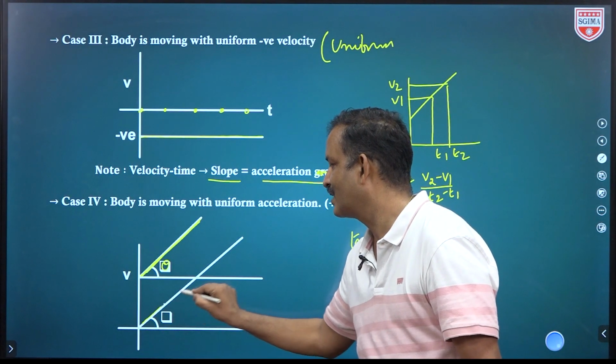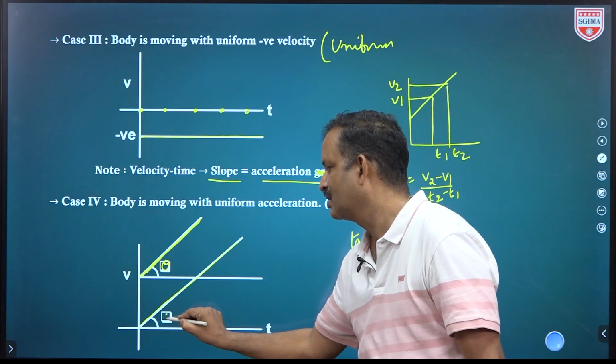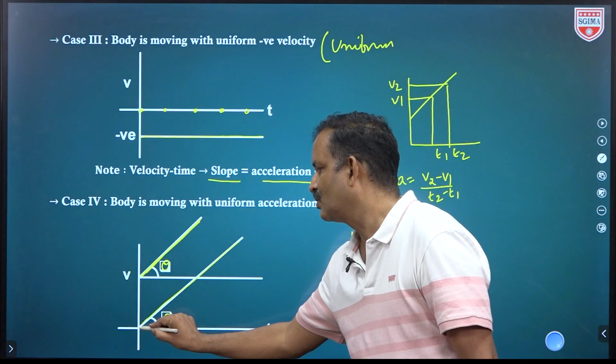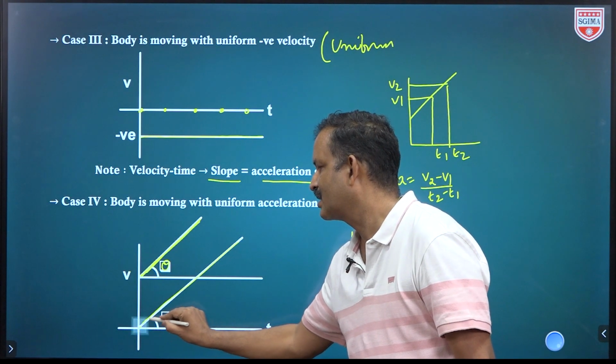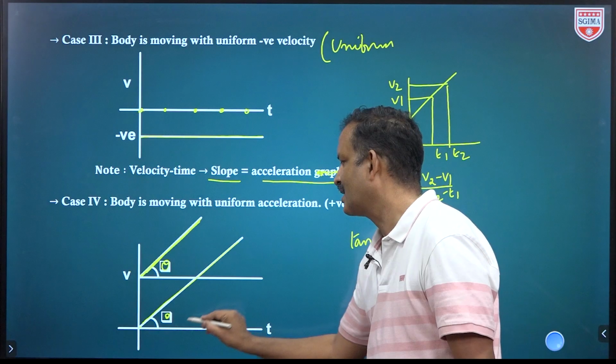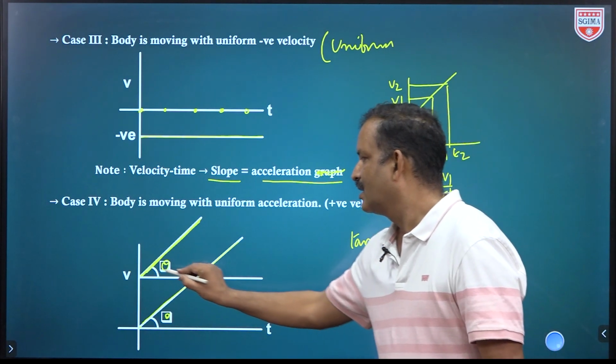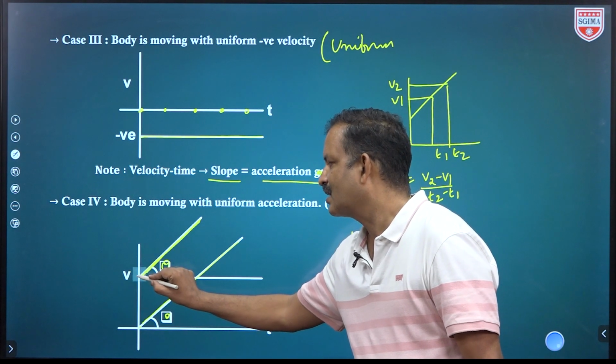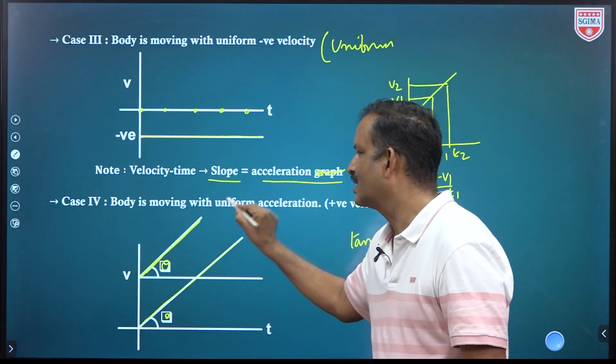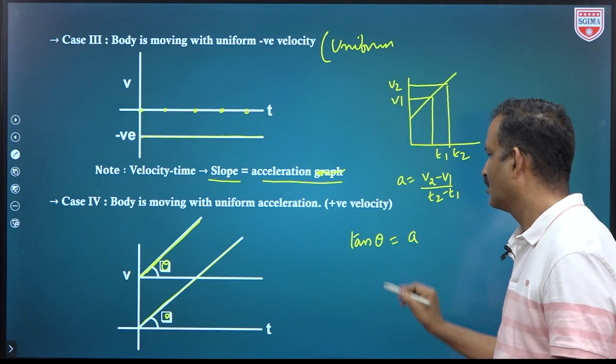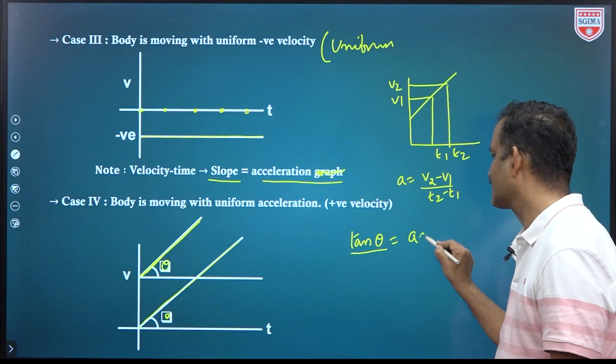This one also has positive velocity, but what is the difference? That one started from 0 velocity, and gradually velocity is increasing with time. This one started with some 5 meters per second or 10 meters per second and is gradually increasing. But its slope is nothing but acceleration.